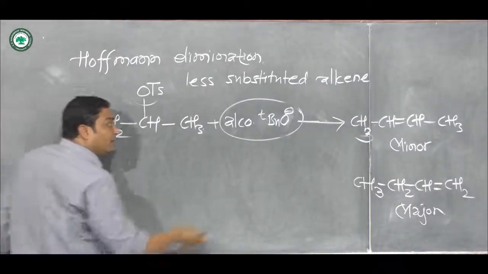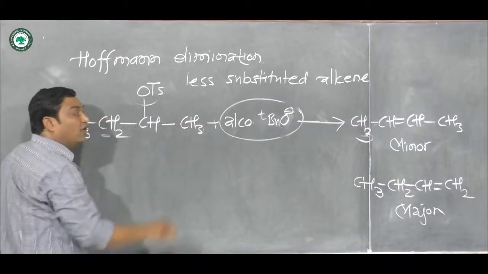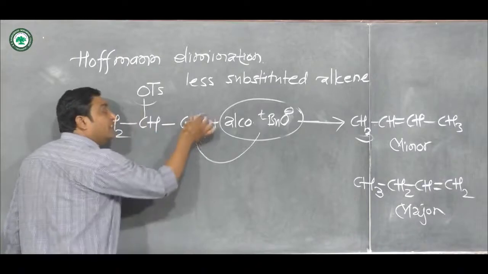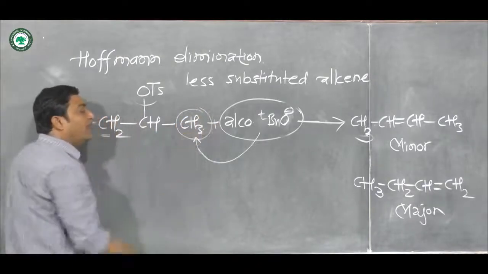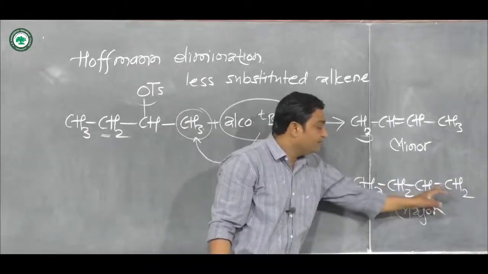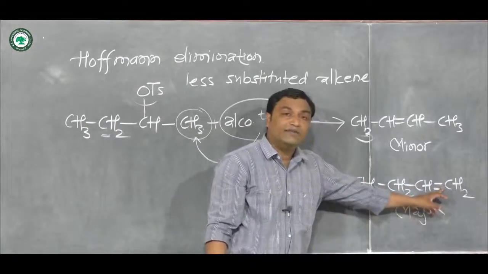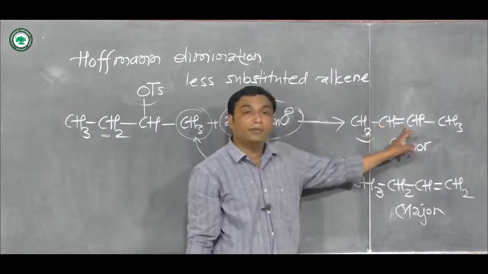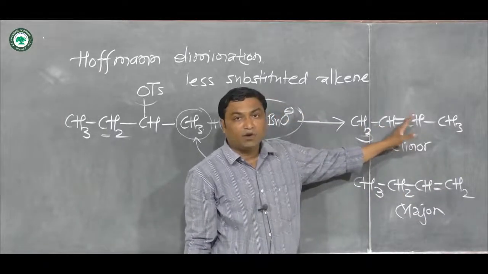Instead, this bulky tertiary butoxide ion prefers to abstract the less crowded beta hydrogen atom to form 1-butene as a major product, whereas 2-butene will be obtained as a minor product.